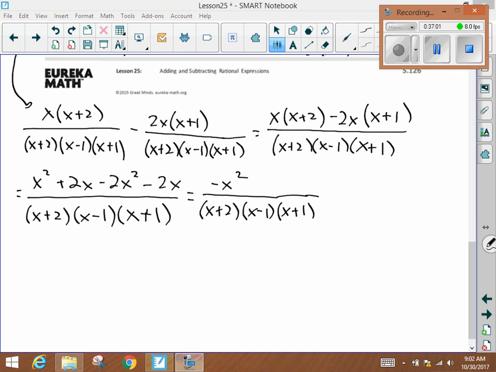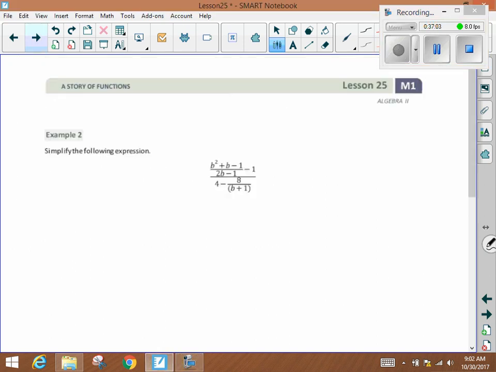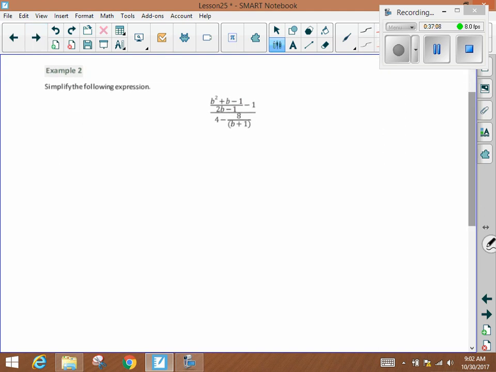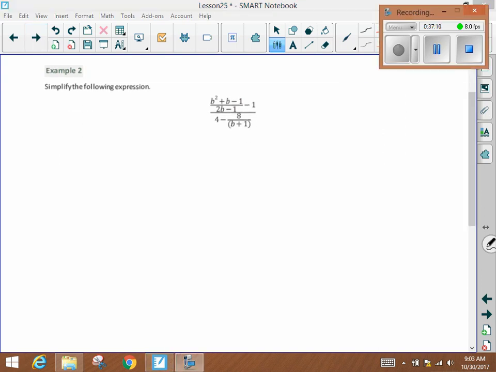All right, last one. So they left you a lot of room on this page for a reason, by the way. So this is my plan, okay? I'm going to take my numerator and get it to be just one expression. I'm going to get my denominator and get it to be just one expression.